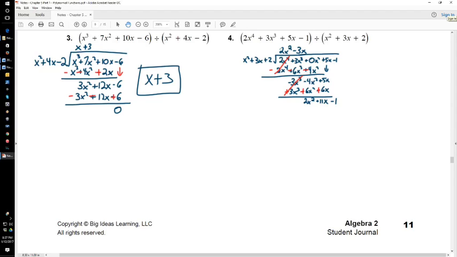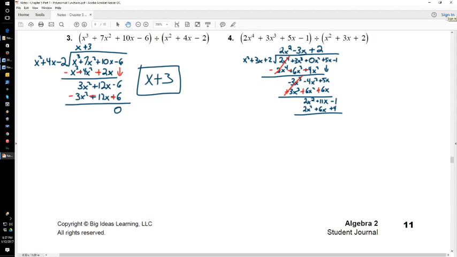Alright, last one. I'm going to multiply by positive 2, because again, distribute that to all three of those. So 2 times x squared is 2x squared. 2 times 3x is 6x. And 2 times 2 is 4. Then we subtract.